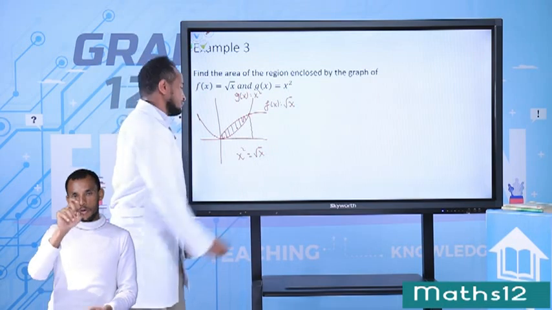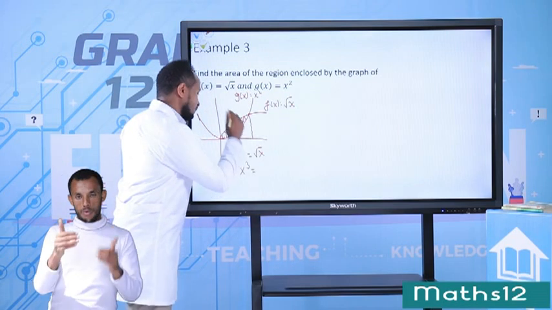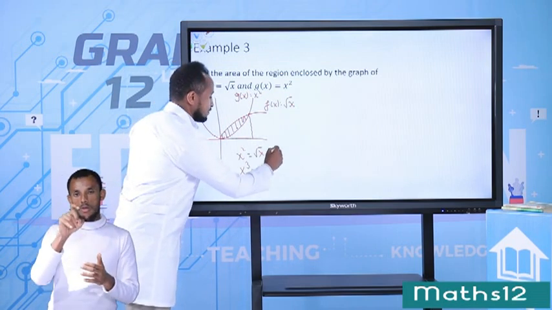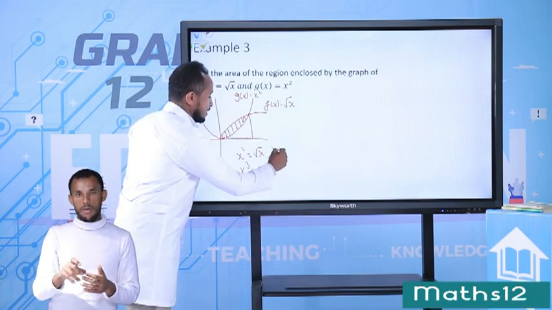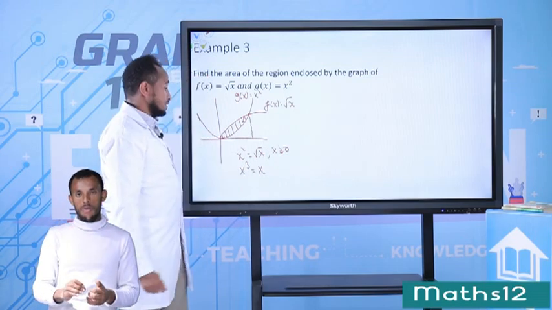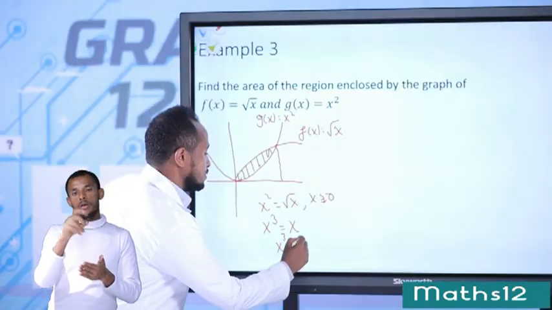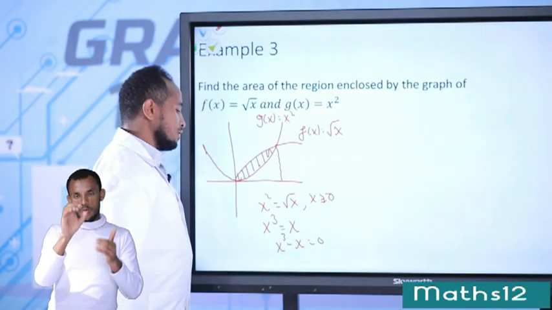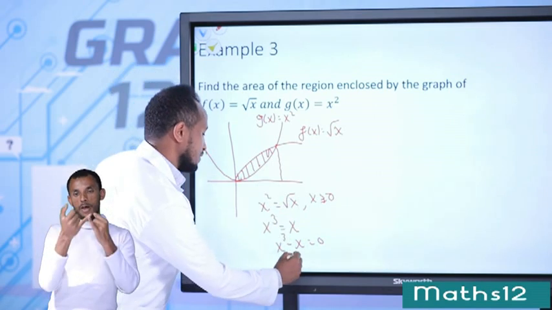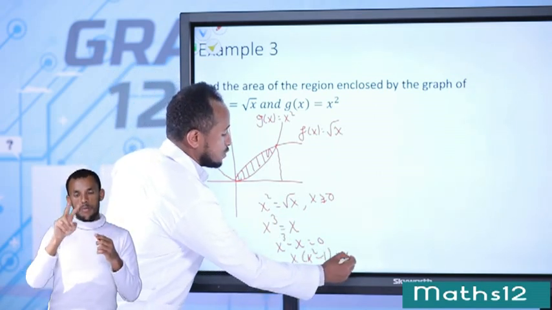Square both sides. x cubed is equal to x, for x greater than or equal to 0 in the domain of this expression. Therefore, x cubed minus x is equal to 0, and factoring x, you will have x times x squared minus 1 equals 0.